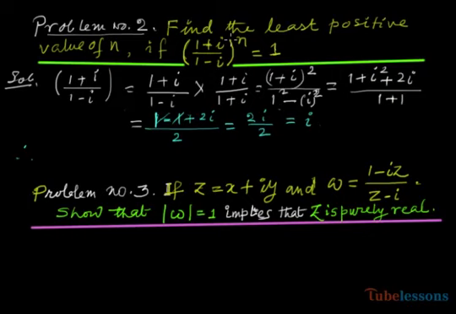Now, in our question, it is given ((1 plus i) by (1 minus i)) whole to the power n is equal to 1. Therefore i to the power n is equal to 1. So n is a multiple of 4.